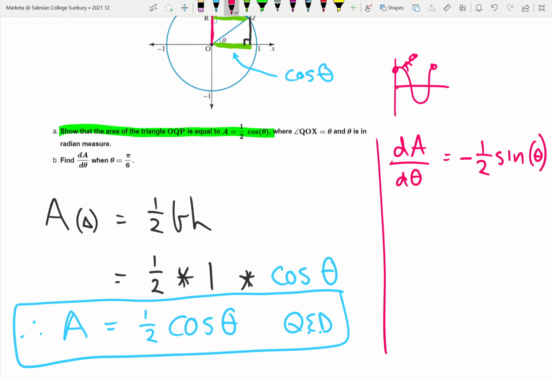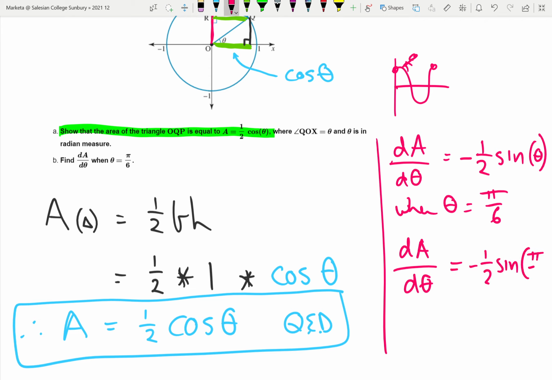So when theta is pi on 6, dA over d theta is going to be neg half sine of pi on 6, and everyone knows that sine of pi on 6 is half, so it's neg half times half.